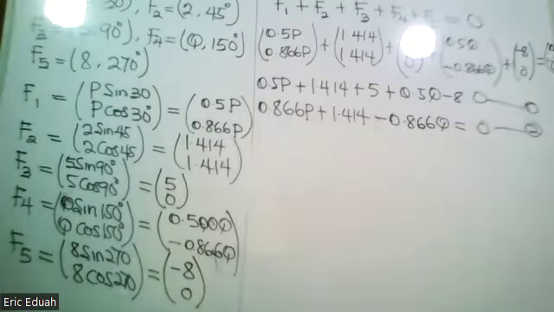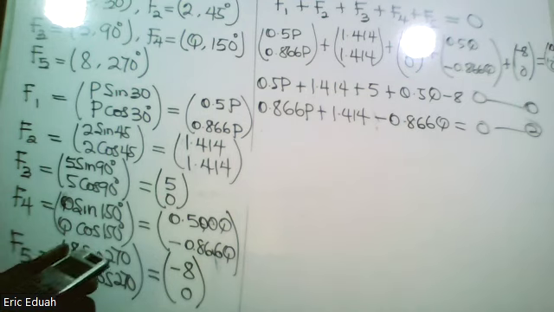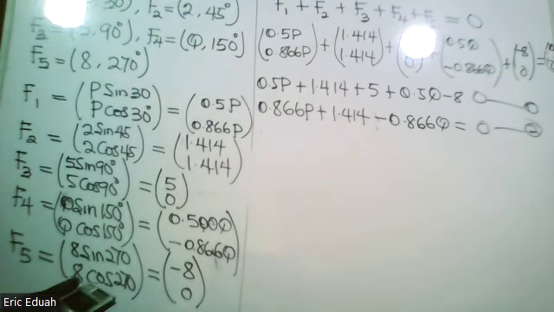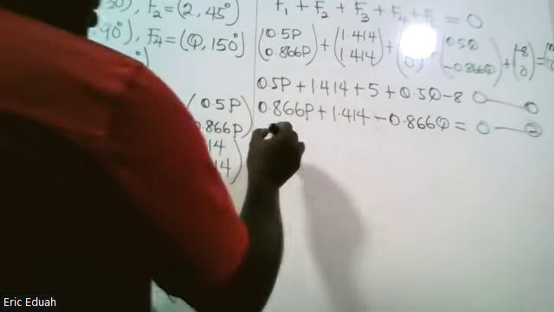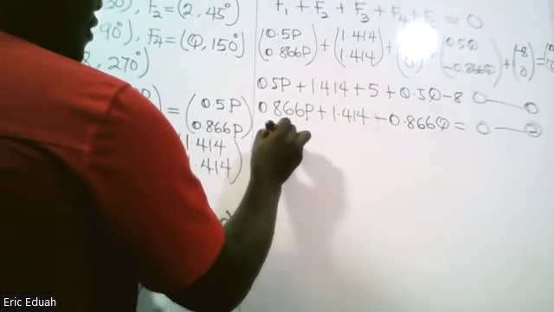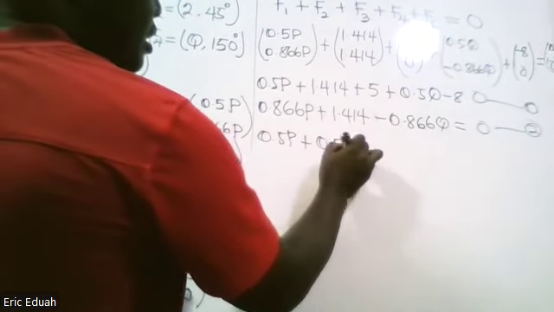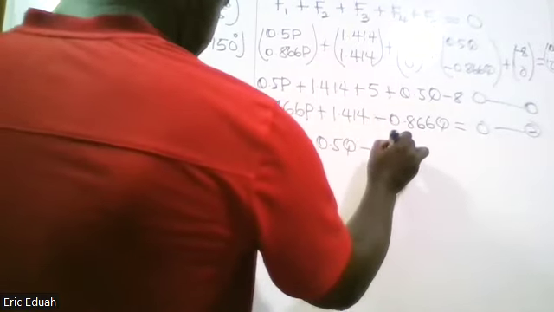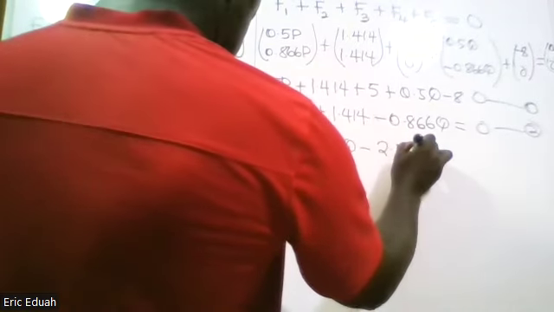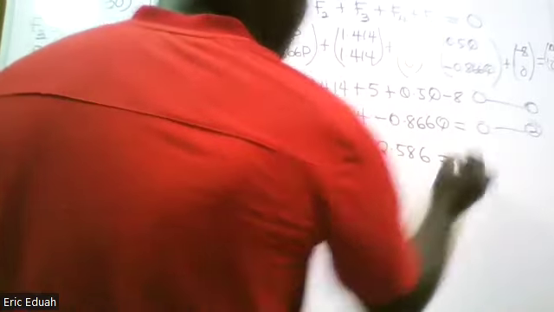So we have 5.414 minus 8, and that will give us minus 2.586. So 0.5 P plus 0.5 Q minus 2.586 is equal to 0.